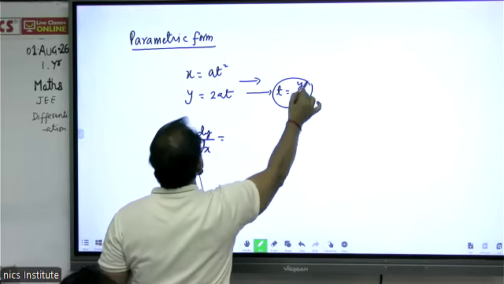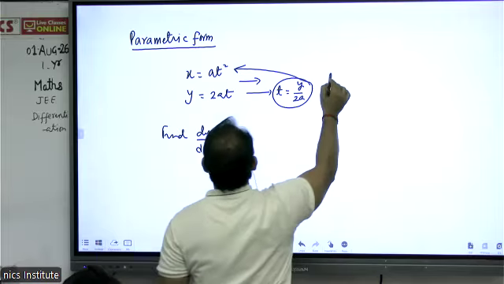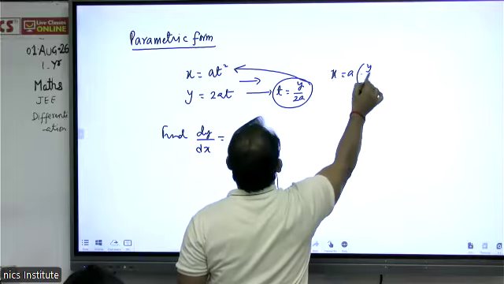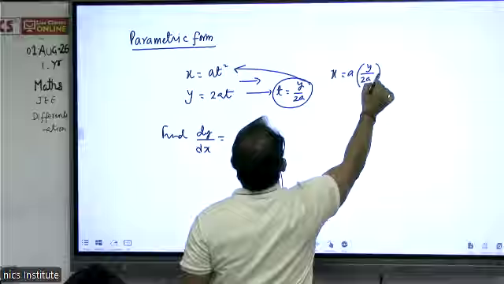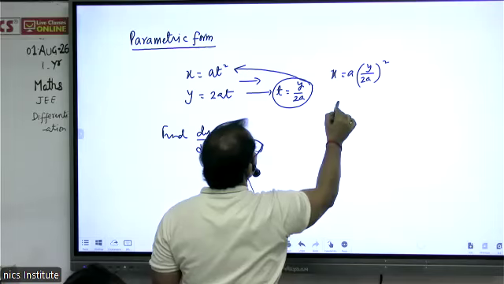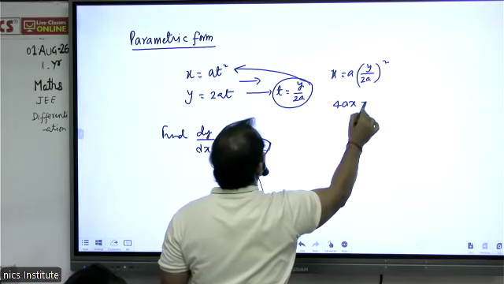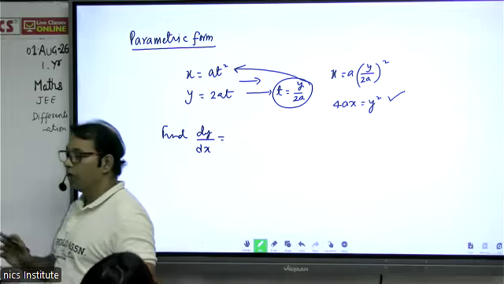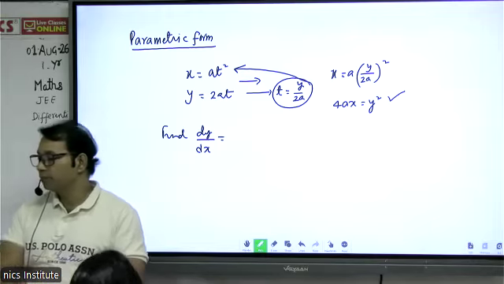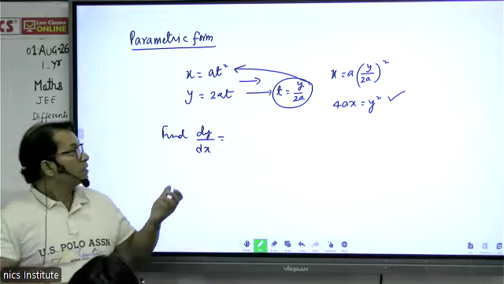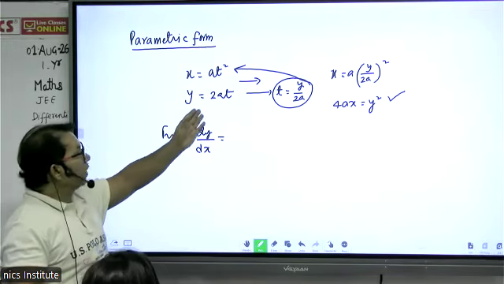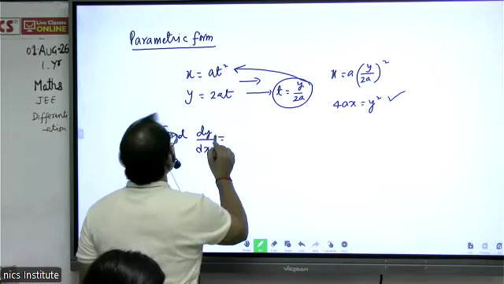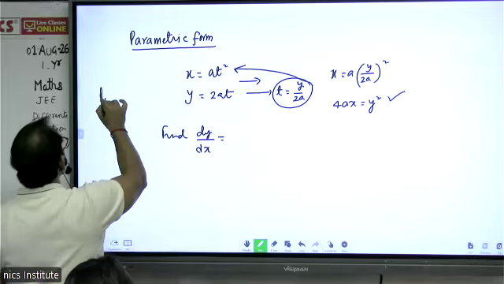If this t I substitute over here, then x is equal to at square, t is y by 2a whole square. So this would be Cartesian equation of the parabola. So y square is equal to 4ax is Cartesian equation of parabola, whereas x is equal to at square, y equal to 2at is a parametric equation of the parabola. So t is a parameter here.